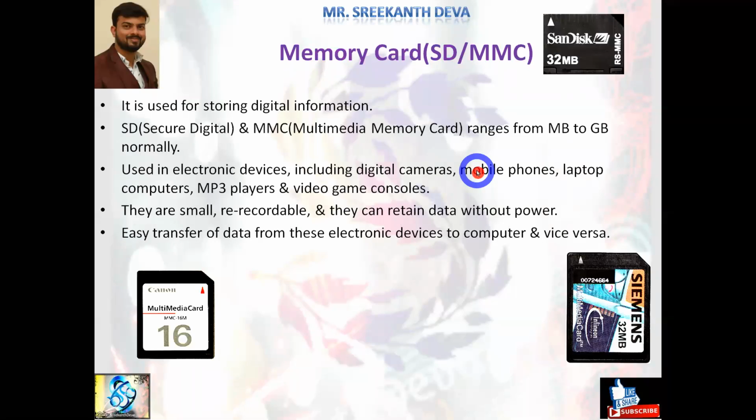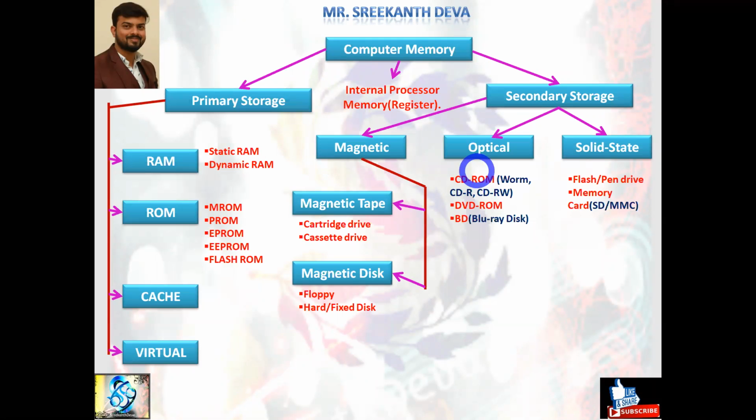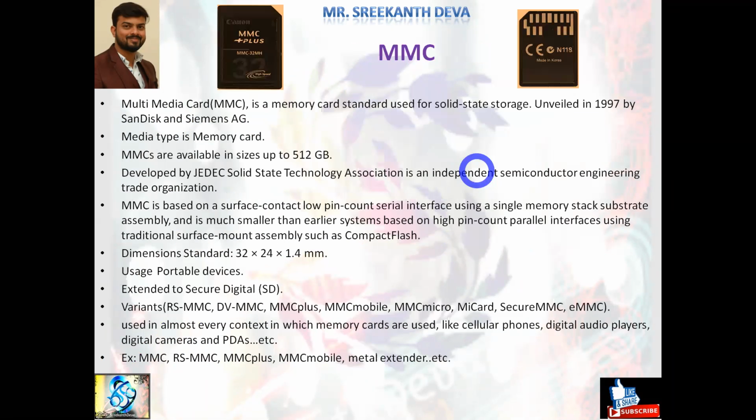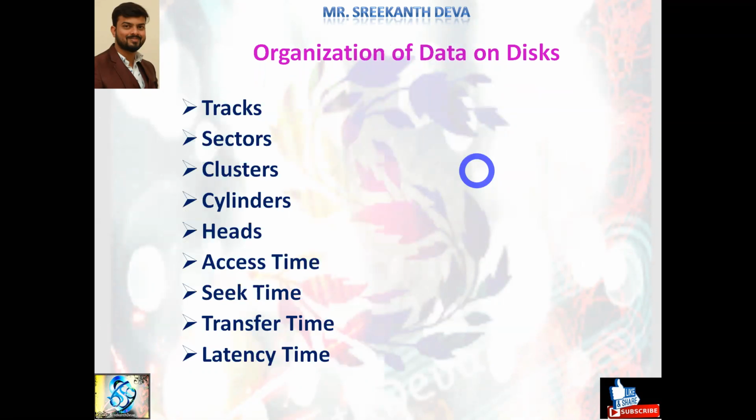In this session, we completed the complete computer memory, including registers, primary storage like RAM, ROM, cache memory, virtual memory, the secondary storage like magnetic tape and magnetic disk, optical storage devices, and solid state storage devices, including the organization of our data on disks.